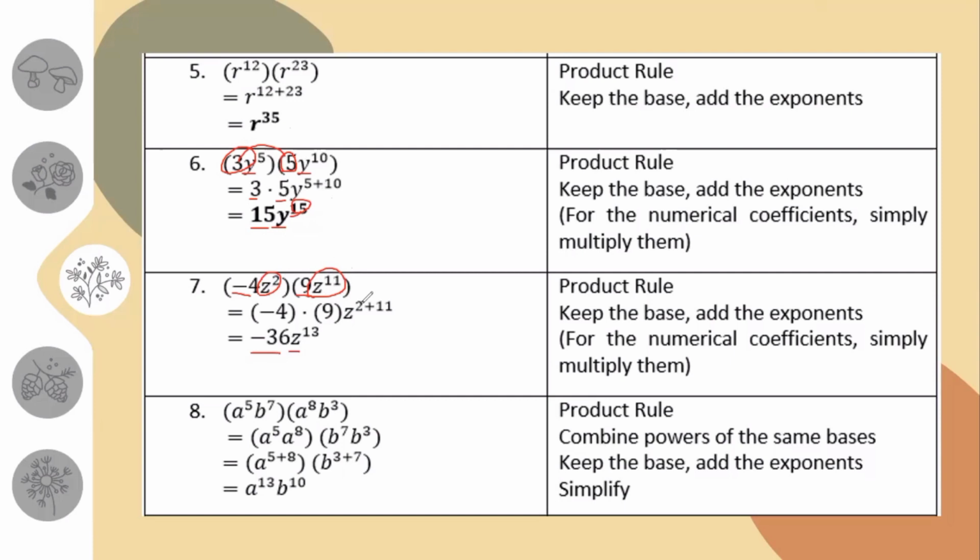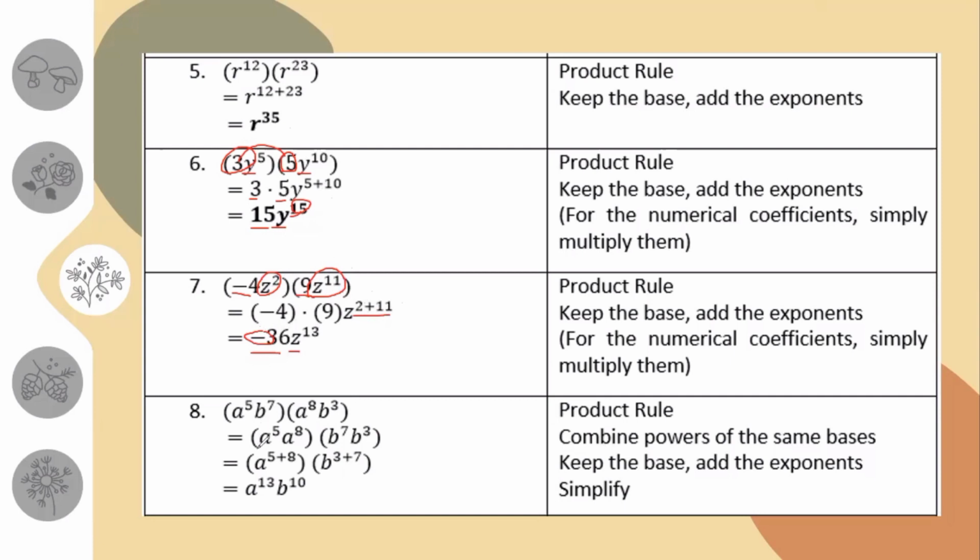You simply add the exponents. 2 plus 11 will give you 13. That is why we have negative 36 z raised to 13. Huwag kayong makakalimot ng sign. Kung negative ang answer, do not forget to write negative. If it's positive, it's okay kung wala na yung sign na positive.